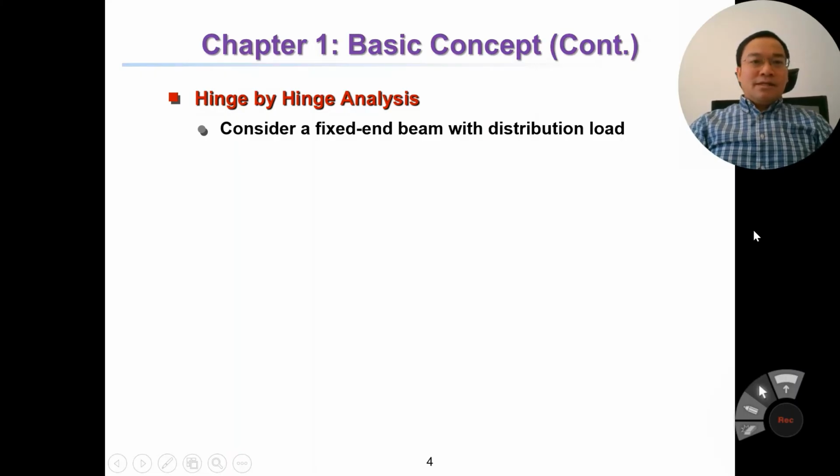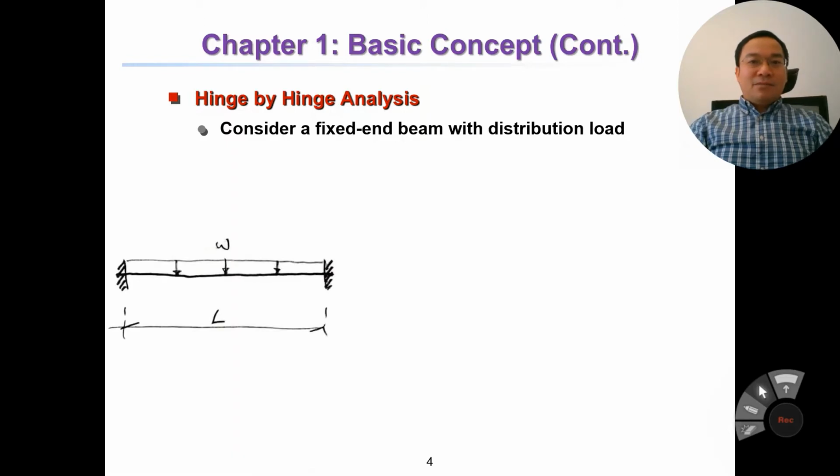So let's consider a fixed end beam with distributed load. As you can see in this figure, it is a fixed end beam with distributed load. As you know, this is not a determinate system, but an indeterminate system. The degree of indeterminacy of this system is 3, right?